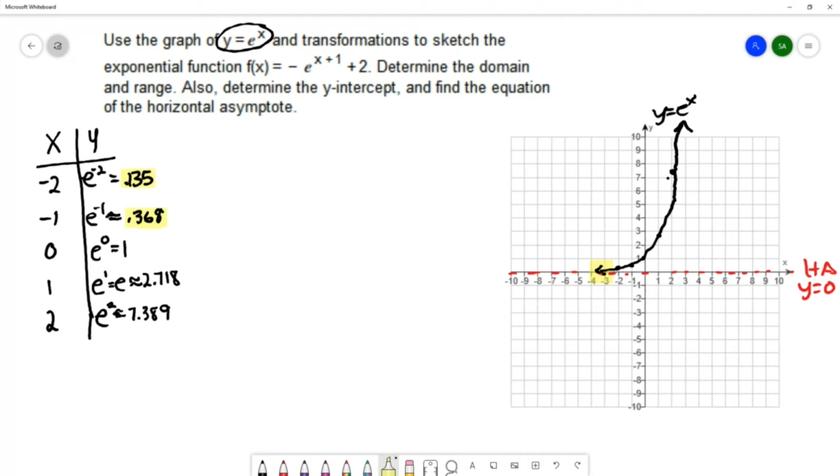So then we want to sketch the graph f of x equals -e to the x plus 1 plus 2. The basic graph is e to the x, and we have a few different transformations. We have the negative, the plus 1, and the plus 2. The negative is a vertical reflection.